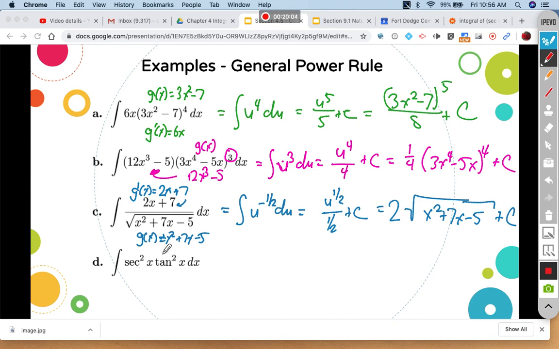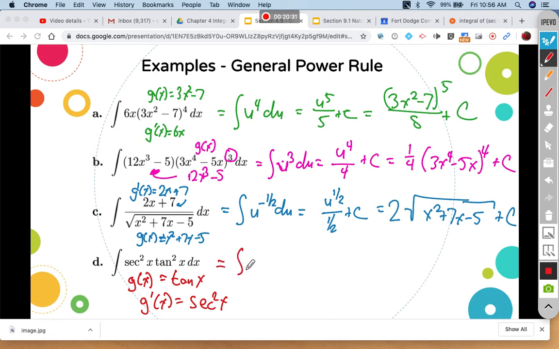So since I know that one, I've got to say which one looks easier to do. Do I see the derivative? If I make g of x equal the tangent of x, then I can say g prime of x, the derivative of tangent, is secant squared x. So I have that based into here. But you have to know your derivatives enough to be able to recognize that in there.